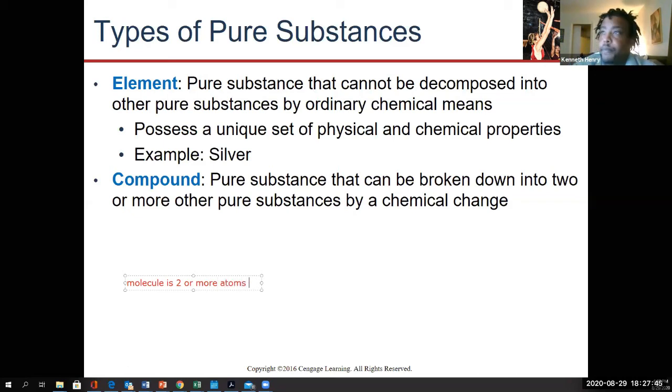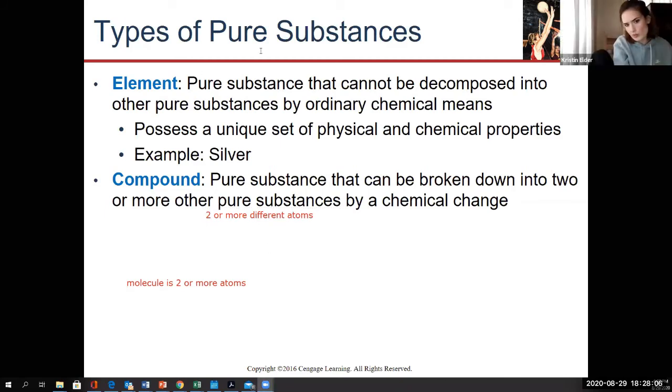Very general, right? A compound is also defined as 2 or more different atoms. So what is two or more different atoms? A compound.